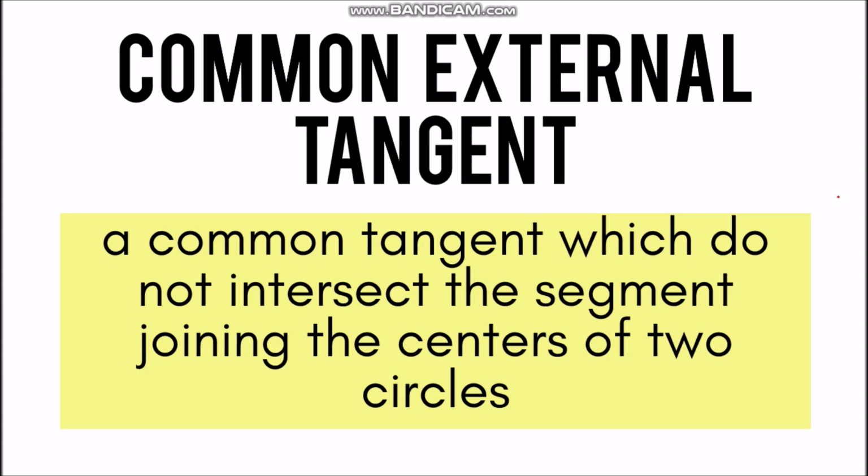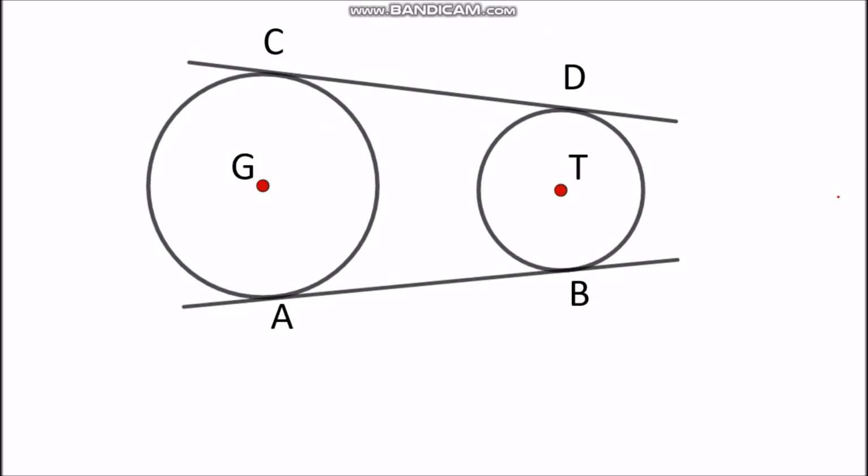Example, you have here circle G and then circle T. Again, we have segment CD and segment AB, which are common tangents of the two circles.